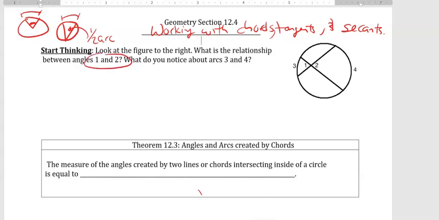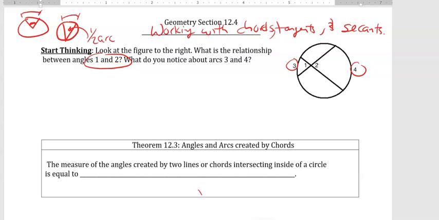This is something having to do with a lesson closer to the beginning of the year. 1 and 2 must be vertical angles, so they are congruent. So whatever 1 is has to be what 2 is. Now here's the issue though. Look at arc 4 and look at arc 3. Are they the same? No, they are not the same. So something's funky here. We can't say 1 and 2 equals 4 because that seems like it's too big. We can't say it's equal to 3.